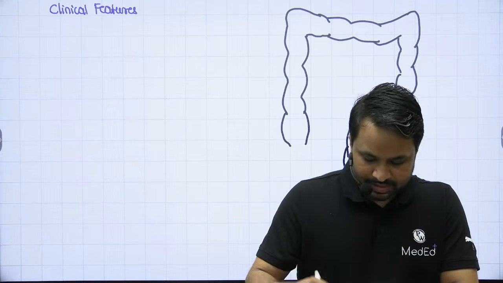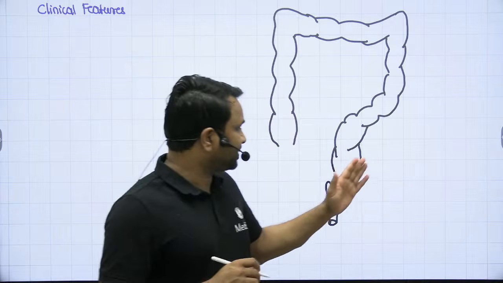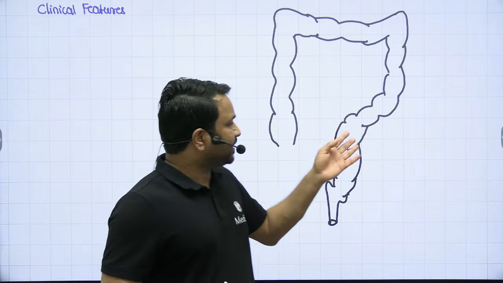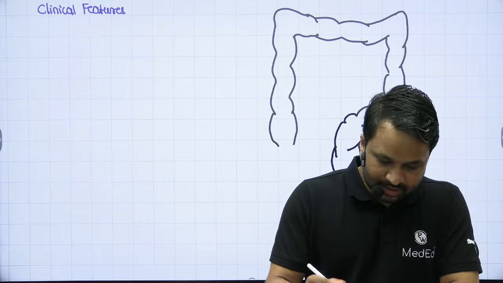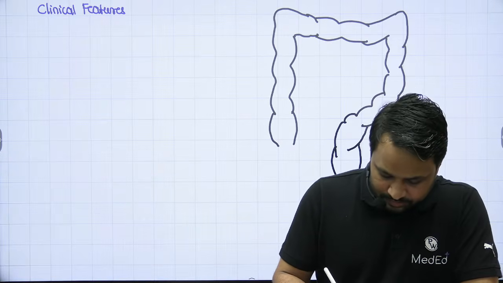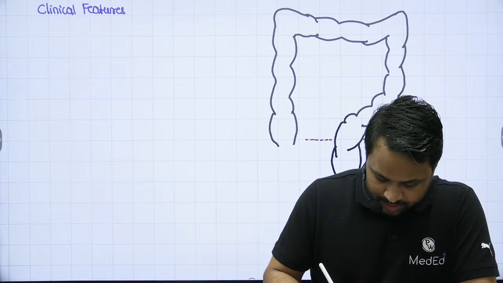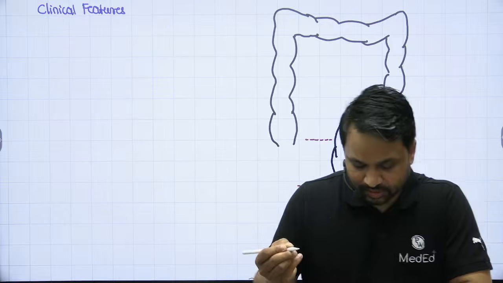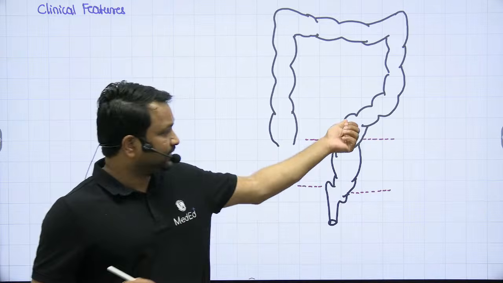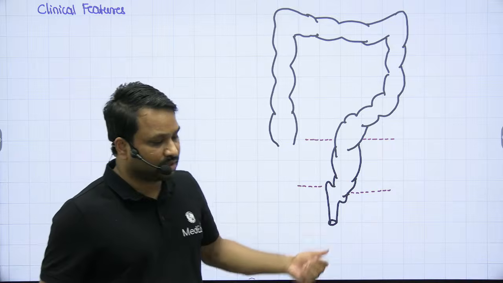For the sake of understanding, the rectum comprises the left side. So when you talk about colon cancers, the left-sided components are going to be quite different. This is the junction between the sigmoid colon and the rectum, your sigmoid and rectal junction. This is your anal canal and the rectum, the anorectal junction, right?